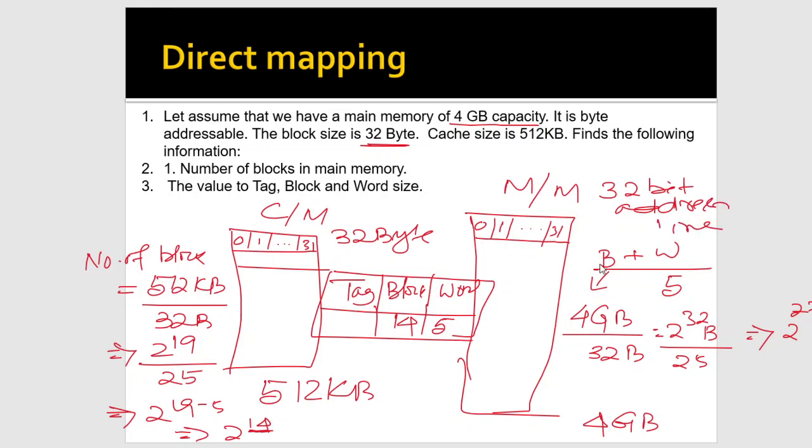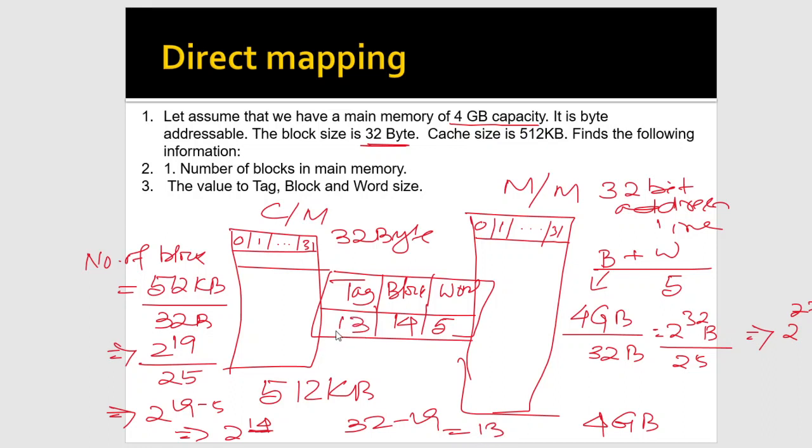That means my main memory address is 32 bit. So 32 bit will also be the address for the cache memory. So far I have computed the block as 14 plus 5 is 19. The remaining is my tag bit. So 32 minus 19 is how much? It will be 13.